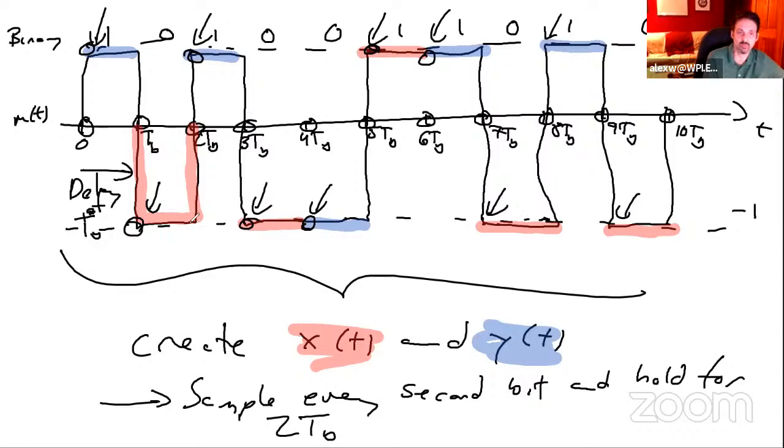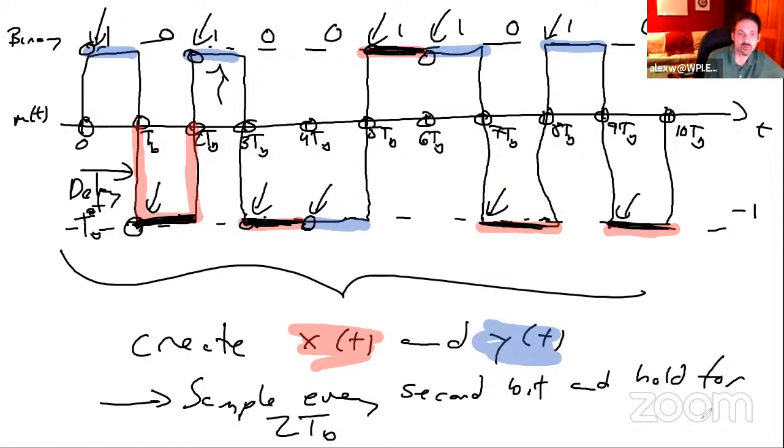So it's -1, and we hold it not for 1 T_B, but for 2. Then +1, then -1, then -1.